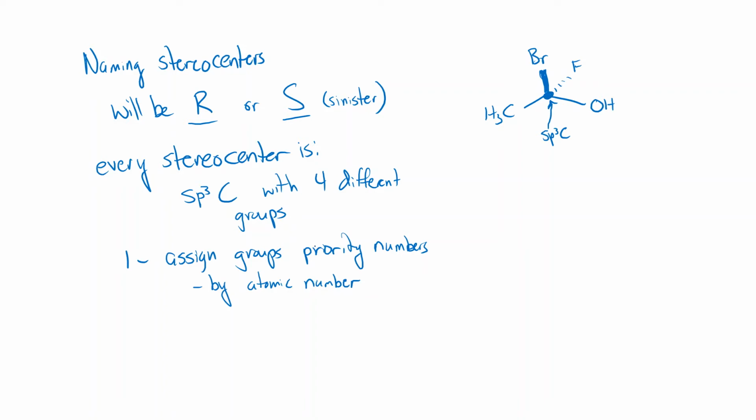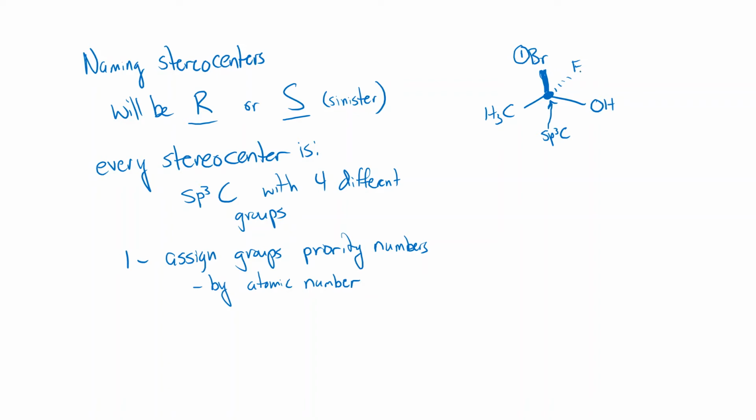The first thing we're going to do is assign each of those 4 different groups a priority number. So we look and we say there's a bromine attached to this carbon, there's a fluorine, there's an oxygen, and there's a carbon. The highest atomic number of those 4 is obviously bromine. So that one is priority number 1.